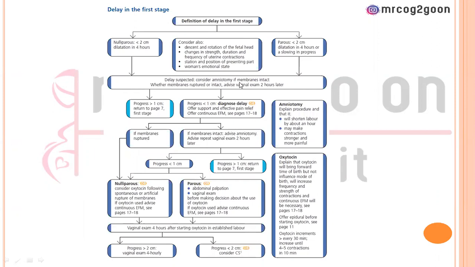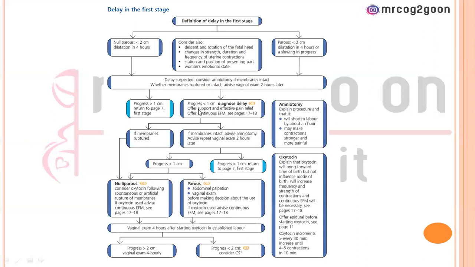Consider amniotomy if the membranes are intact. Okay, and we will re-examine after 2 hours. So if it is less than 2 centimeters in 4 hours, we will reassess after 2 hours. If the progress is more than 1 centimeter, let's go back to the routine check.